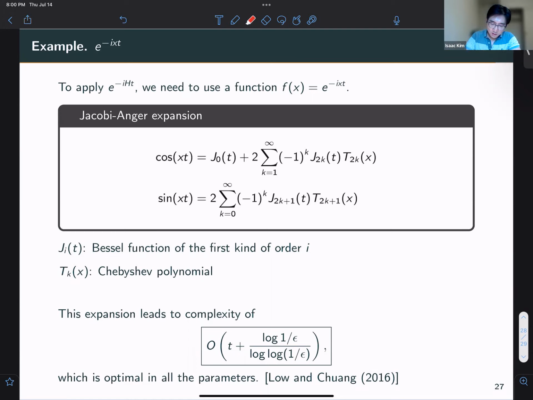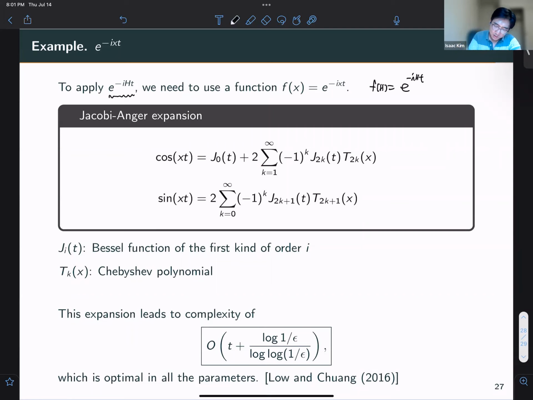If we were to use the framework of qubitization, our goal is to apply e to the minus iHt. So the function that we're going to use is e to the minus ixt, so that when we apply f of H, this will be e to the minus iHt. And to that end, you can use what is known for a long time, called the Jacobi-Anger expansion.